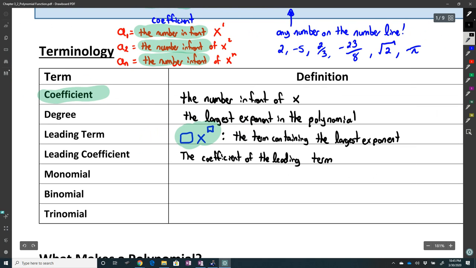Okay, and then we have three separate definitions: monomial, binomial, and trinomial. So if you're up with your prefixes, you know what mono, bi, and tri mean.